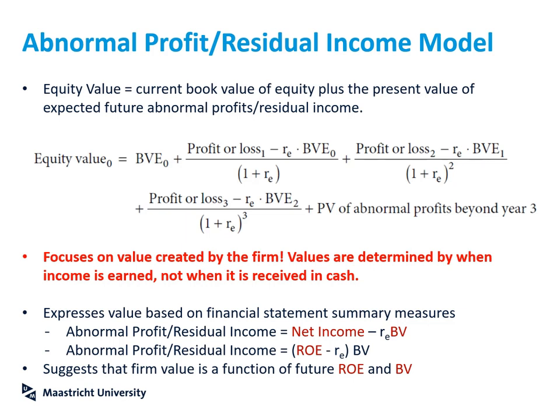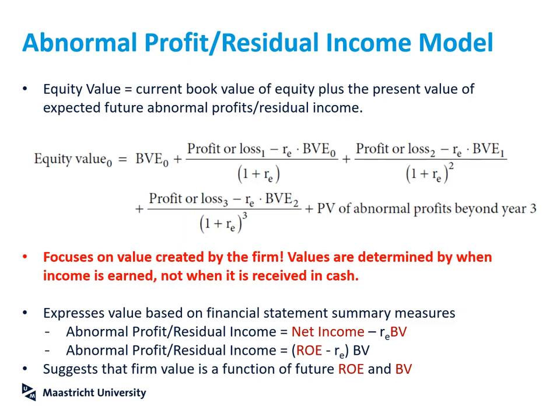So you can see then that a firm can increase equity value by generating profits that are higher than what investors expect given their investment and given the risk in this company. So the firm can increase equity value by increasing the abnormal profits that they are generating.